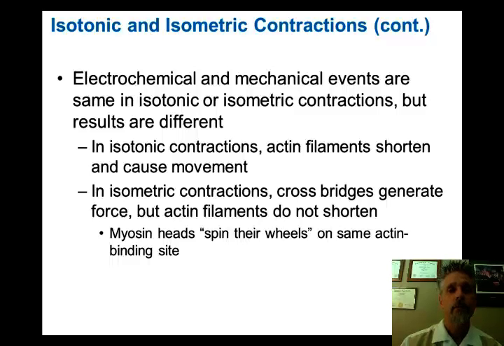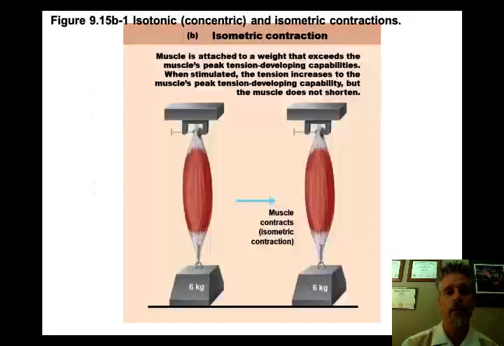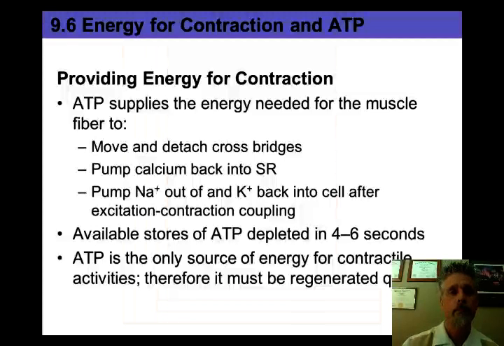So, like we said, there's a variety of fine-tuned actions going on between the thick filaments and the thin filaments in order to allow these types of contractions to occur. This one that we see here is an isometric contraction, where we're generating force, but that muscle is not changing length because the weight or the load at the bottom is too much. Okay, I think we'll stop there for now.